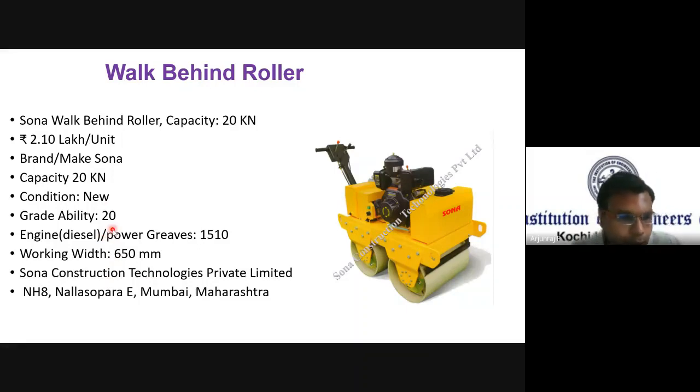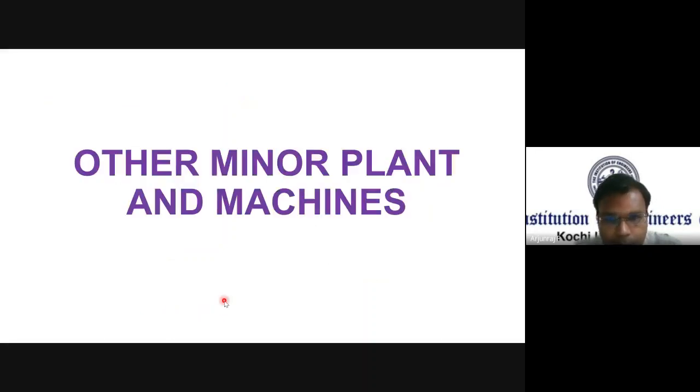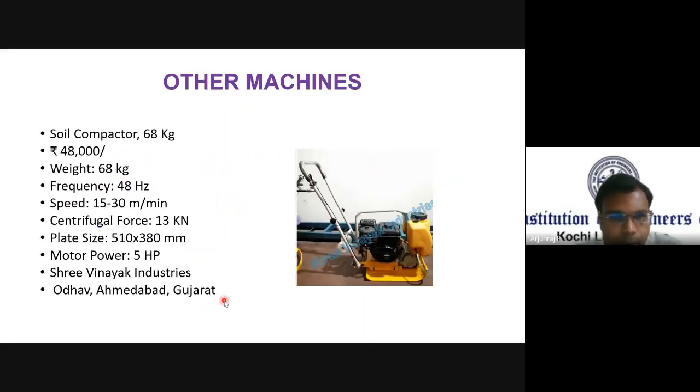It can go up to 20 degrees of gradient. And you have the walk behind roller. It comes at 2 lakh per unit piece, and it is manufactured under the brand of JP, located in Kolkata.